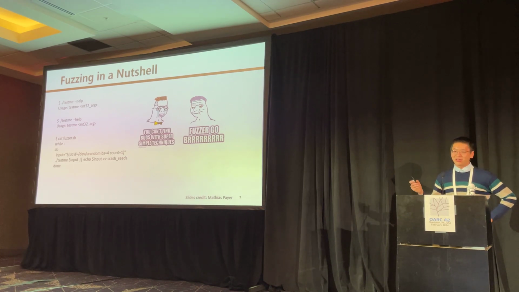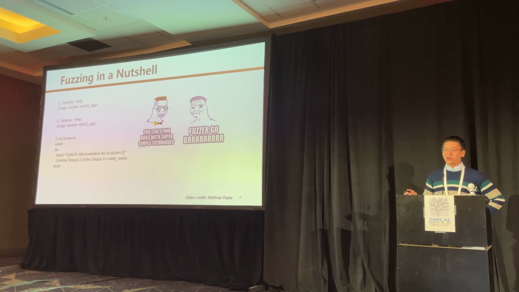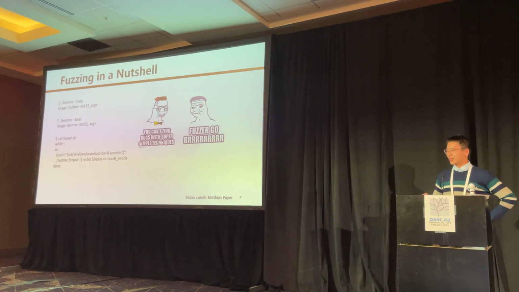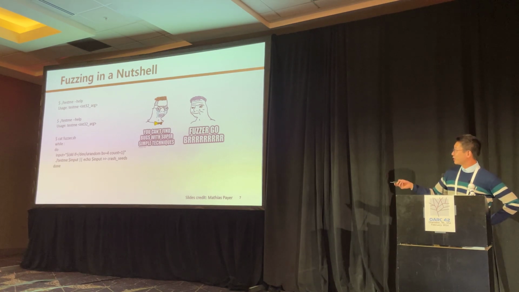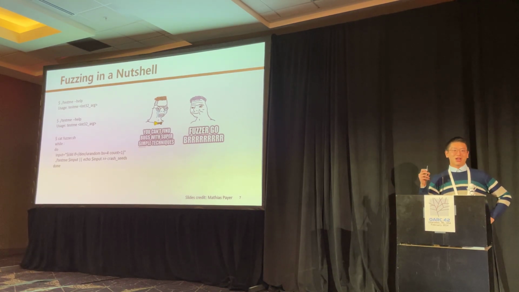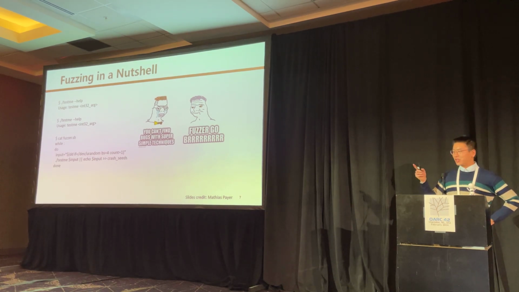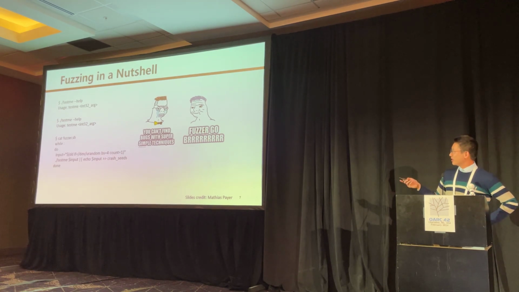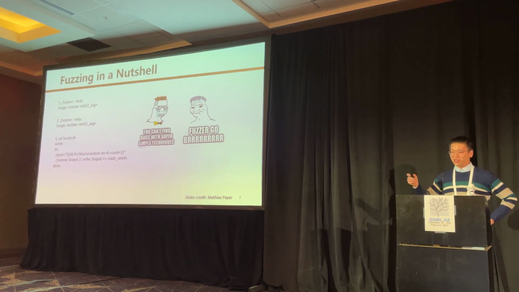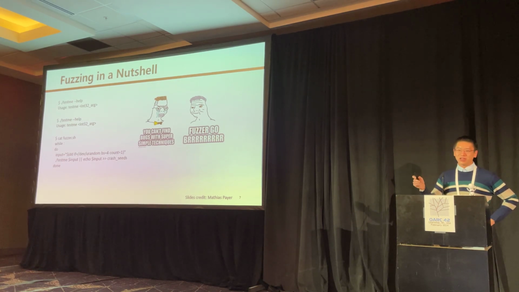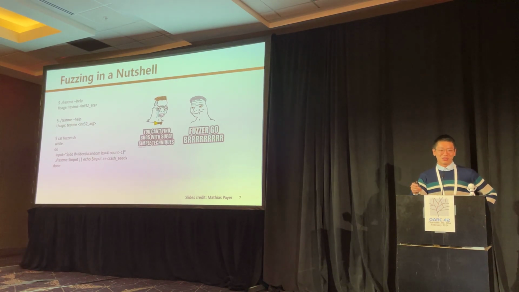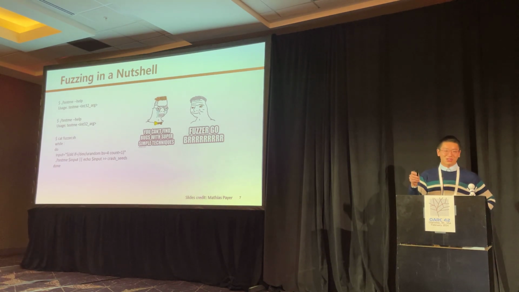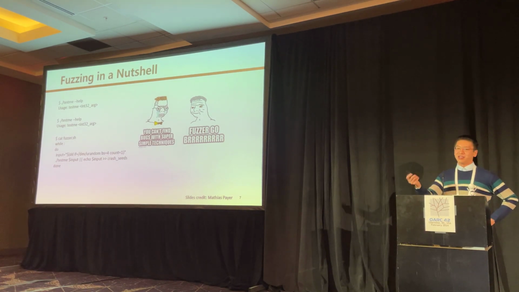Fuzzing is a very random or, I should not say that, a very simple technology. Take this example. If you have a binary called test B and you just check help, and it says the input is a 32-bit integer, you write a very easy fuzzing shell, which means you just randomly input those 32-bit integers, and finally you find one that crashes the binary, and then you got it.